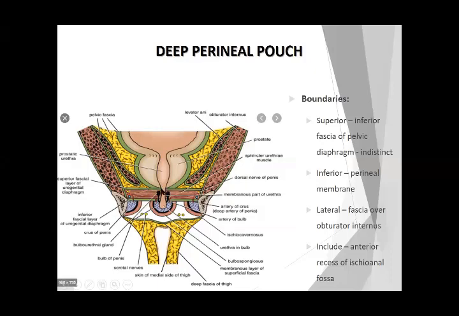Inferiorly, it is bounded by the perineal membrane. And laterally, please note, this is the obturator internus, and this green line is the fascia covering the obturator internus. This is the levator ani.